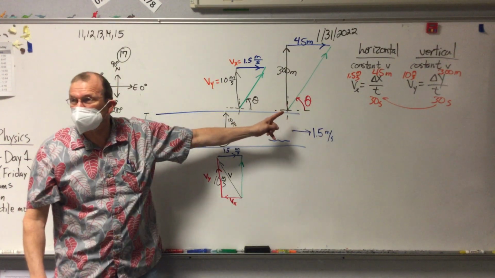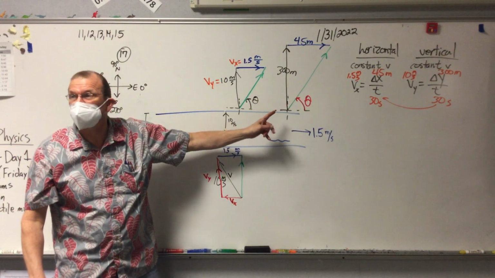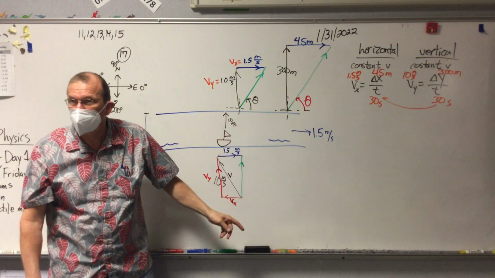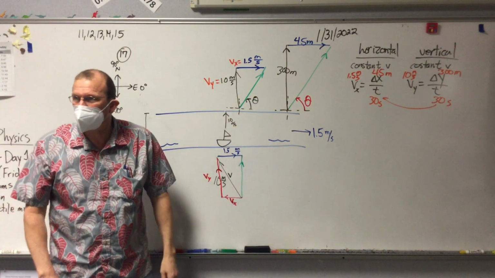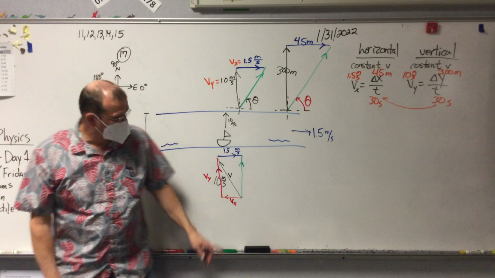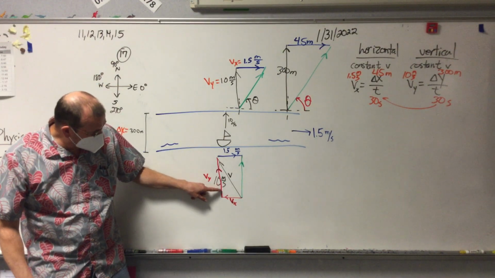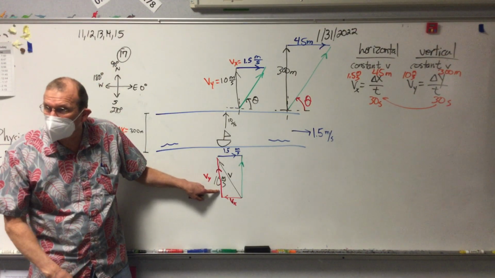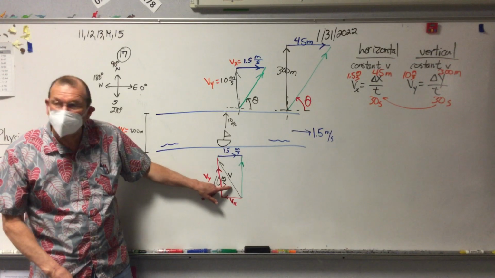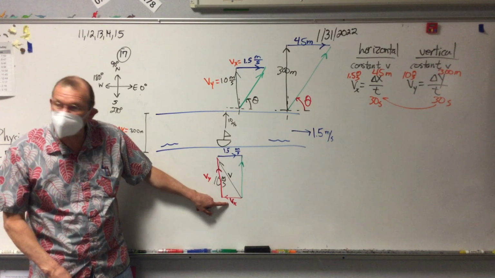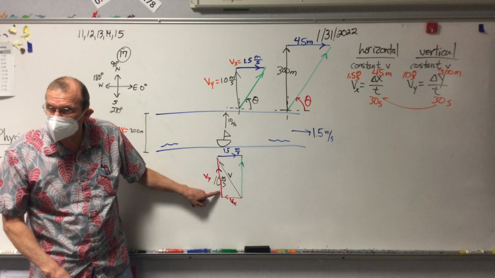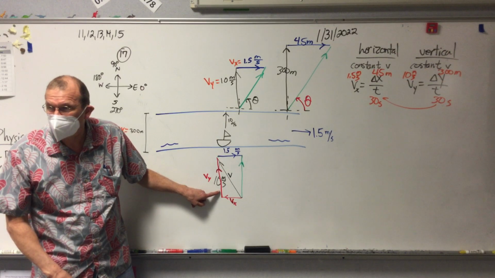How many meters per second did we have here, oriented directly across the river, when we said screw it, I'll let it take me down? 10. We had 10. How big is this red leg now? Because we're using a little bit of our 10 to do this, what happens to this compared to 10?